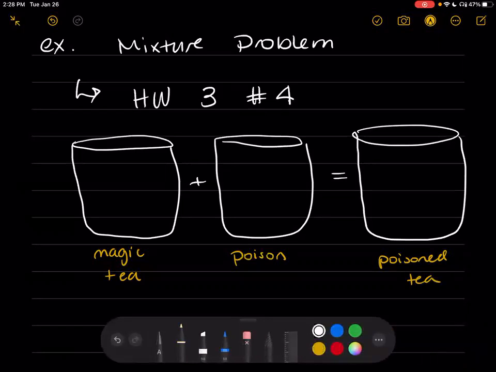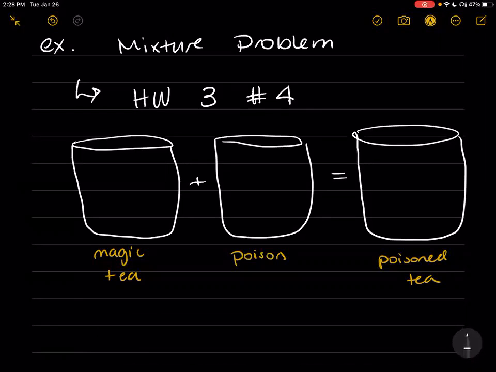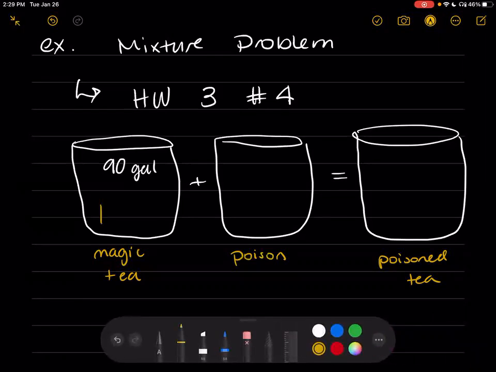Okay, so now we need to figure out what to put in these little bubbles. The magic tea, we know there's going to be 90 gallons of it. Now the question becomes, what do we put as the concentration down here? What is the percentage supposed to be?